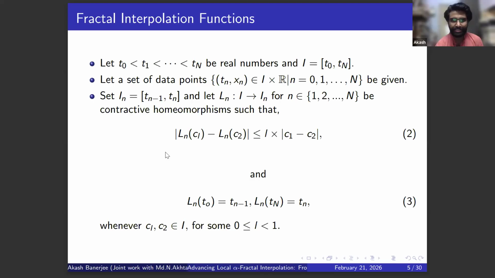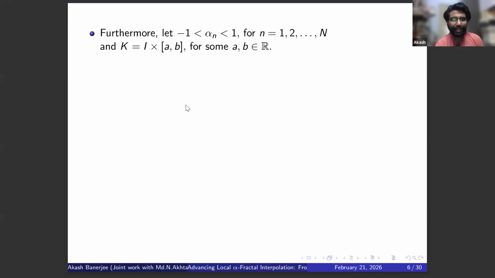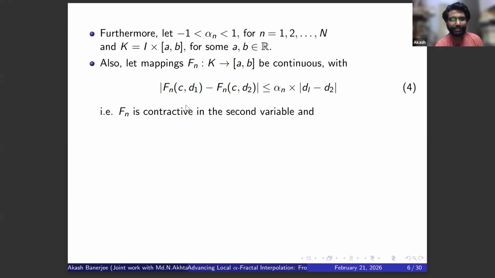I'm not going into the details, but what they do is they take the whole interval, that is t0 comma t capital N, and contract it into a smaller sub interval for, say, a small n, that is t n minus 1 comma t n. That's all. And then we also consider this capital Fn's, which are also contractive mappings.